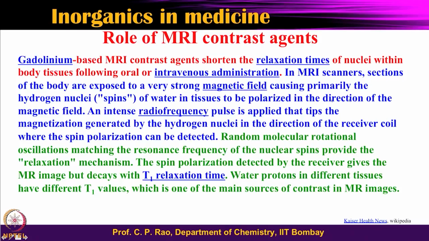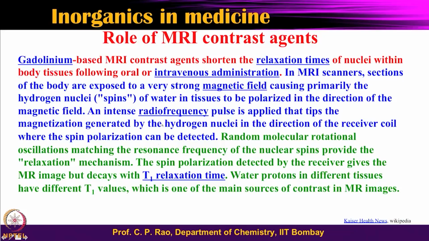In fact, using MRI scanning, you can scan different portions of the body and integrate them to get a total image. These are all used in a very high magnetic field, in which the nuclei will spin, and the spin nuclei can be polarized by supplying radio frequency energy, which is received by the receiver coil, and the spin polarization can be detected.